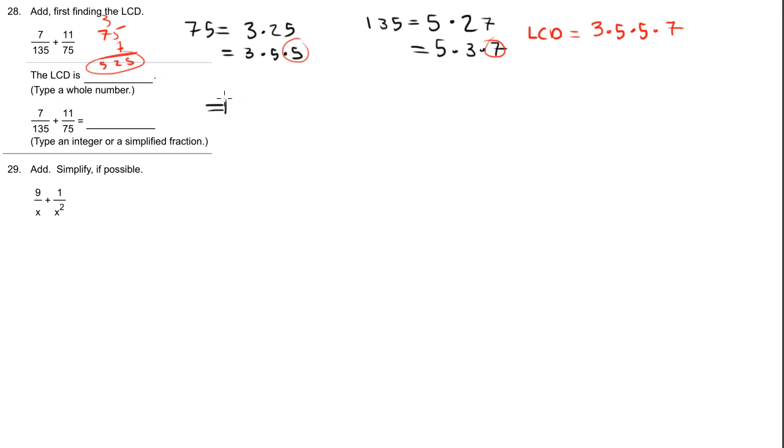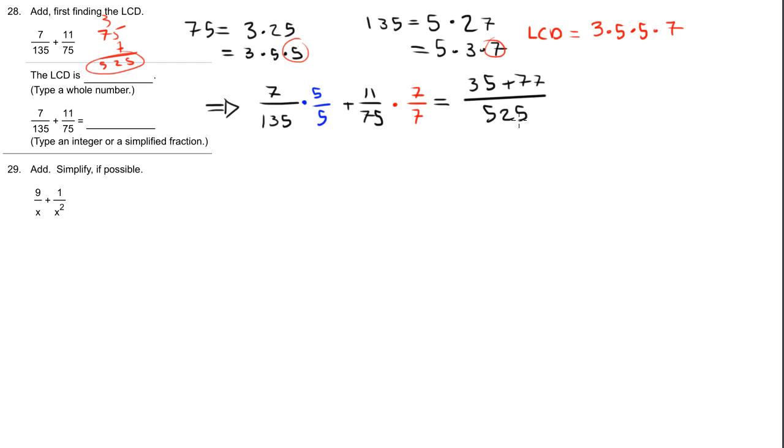How are we going to add that? Well, I'm going to take 7 over 135 and multiply it by 5 over 5. I'm going to take 11 over 75, and multiply that by 7 over 7. We're going to get 35 plus 77 divided by 525, which is 112 over 525.